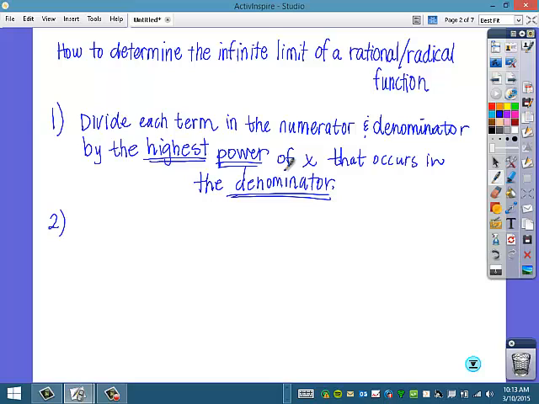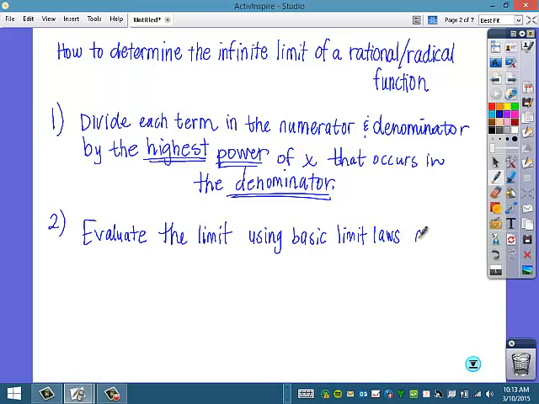And then the second thing is you're going to evaluate the limit using our basic limit laws, so all the things we know about limits from the past, and that special property of infinite limits that we just learned.